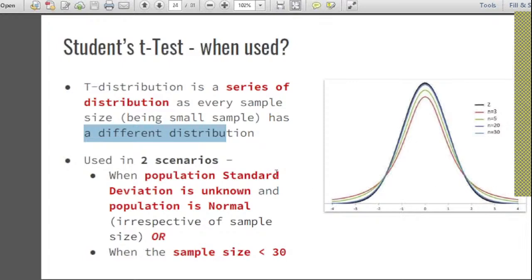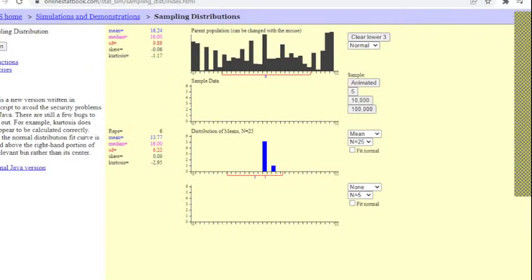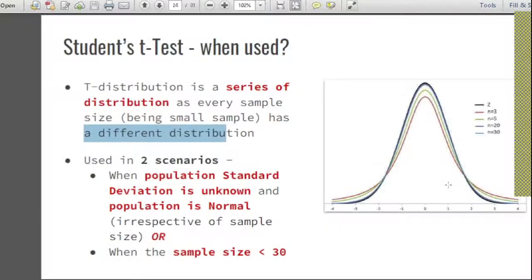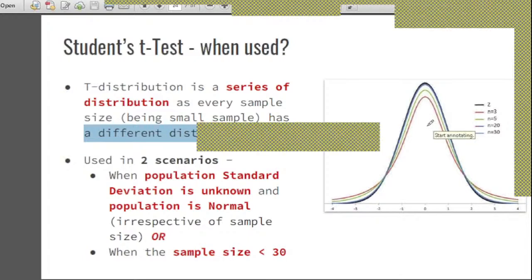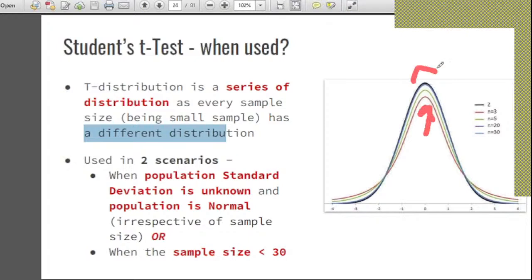Because there will be more variability when n is small, hence there are chances of extreme values. But as n increases, 3 to 5 to 20, notice the tails are getting thinner and there is more data inclined towards the mean.